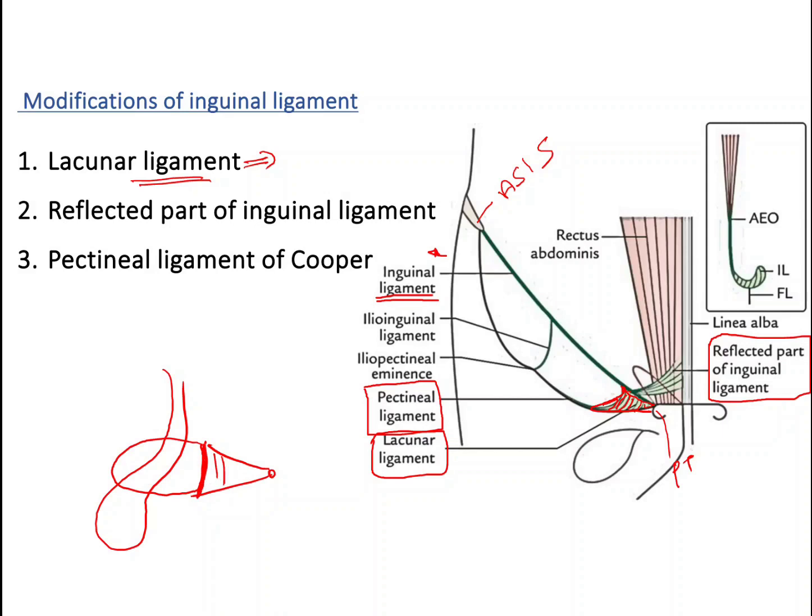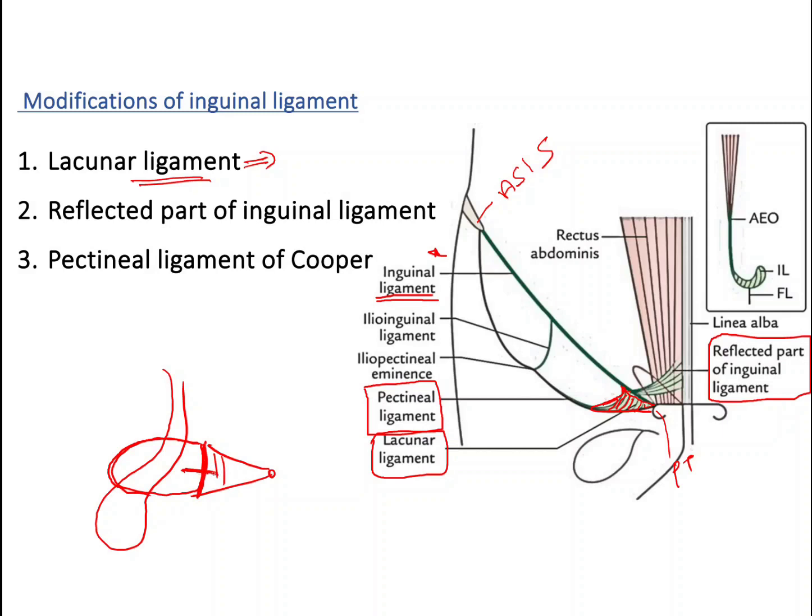So during the surgical correction of the femoral hernia, in case we need to widen this femoral canal, we need to resect this lacunar ligament. By cutting the lacunar ligament, the femoral canal can be widened.